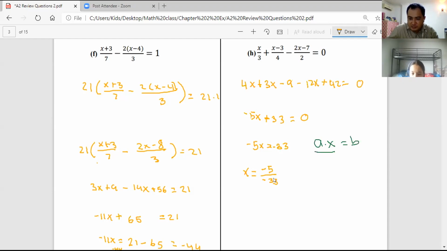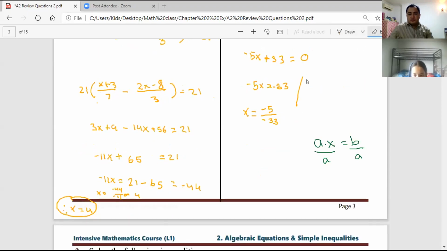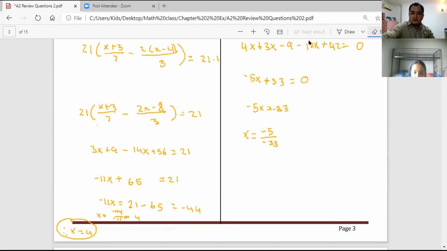I should divide both sides by A, not by B. So why are you dividing by 33? Minus 5 over 33. You should divide both sides by negative 5, not 33. Okay, I see.